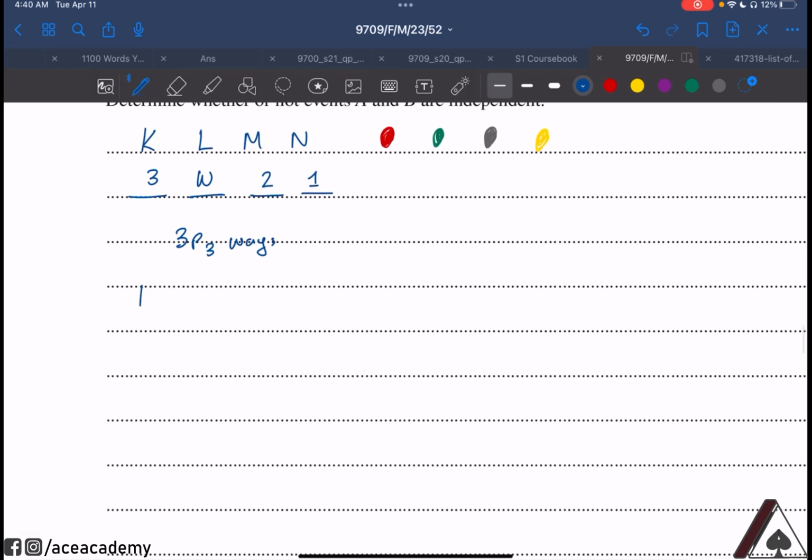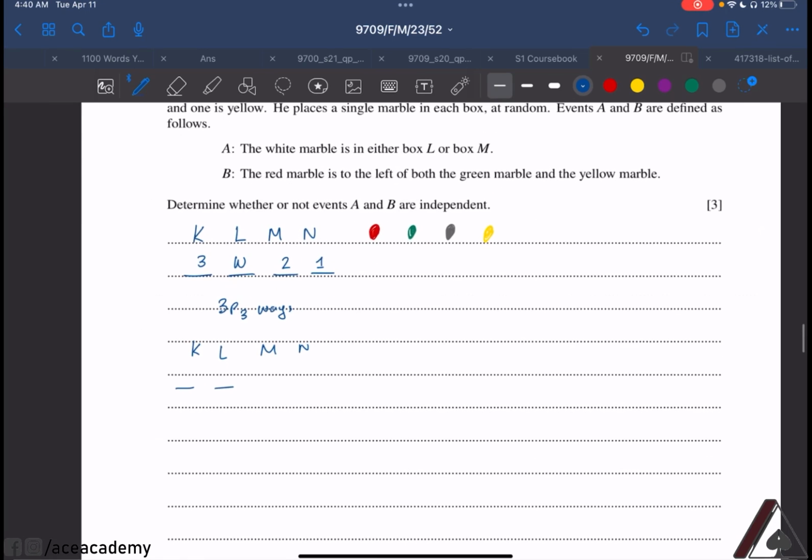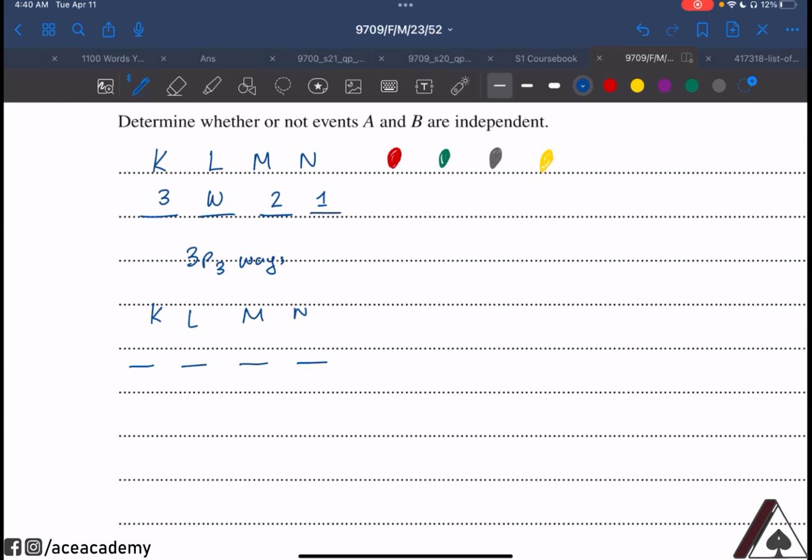Now there is another way they could be arranged, which is if the white marble was in box M, and then the 3 marbles can be arranged in 3P3 ways again.